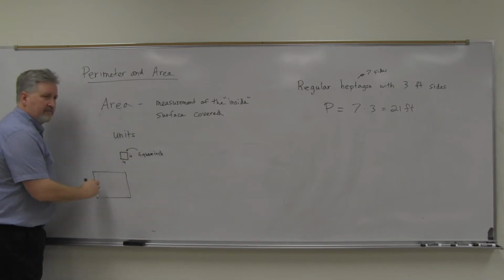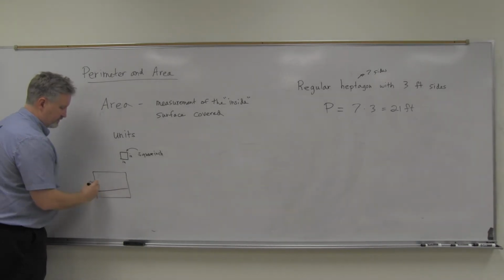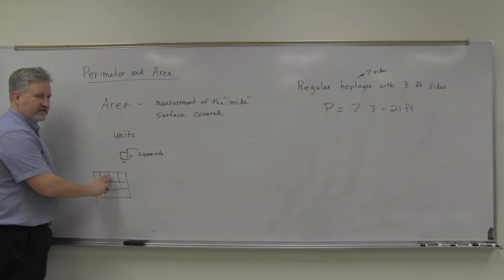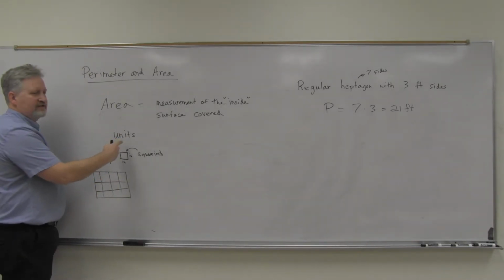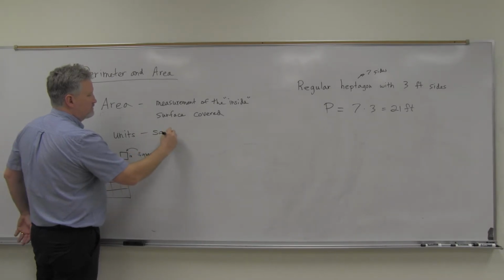So I need to figure out how many of those square inches, whatever size it is, go in there. I didn't do a good job of making it uniform, but you see what I'm saying? You've got to figure out how many of these square inches go in there. So that's the reason area units are square units.